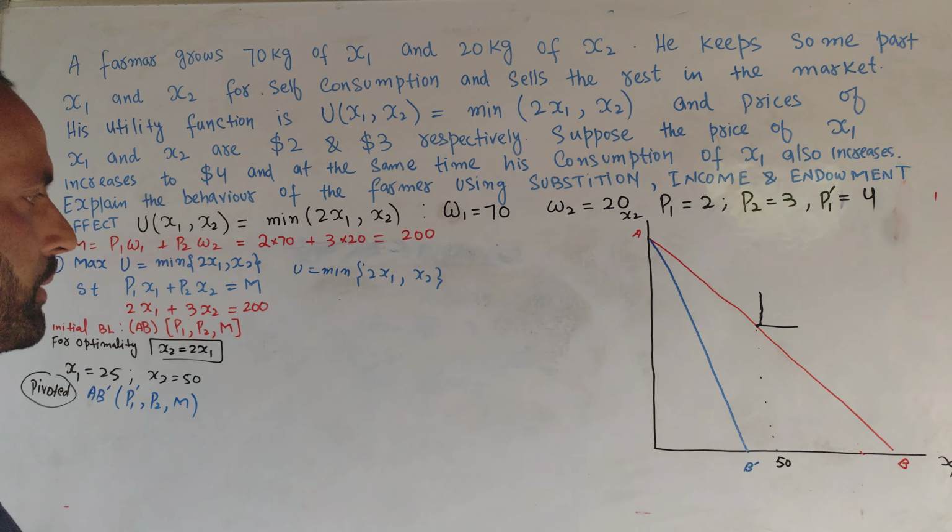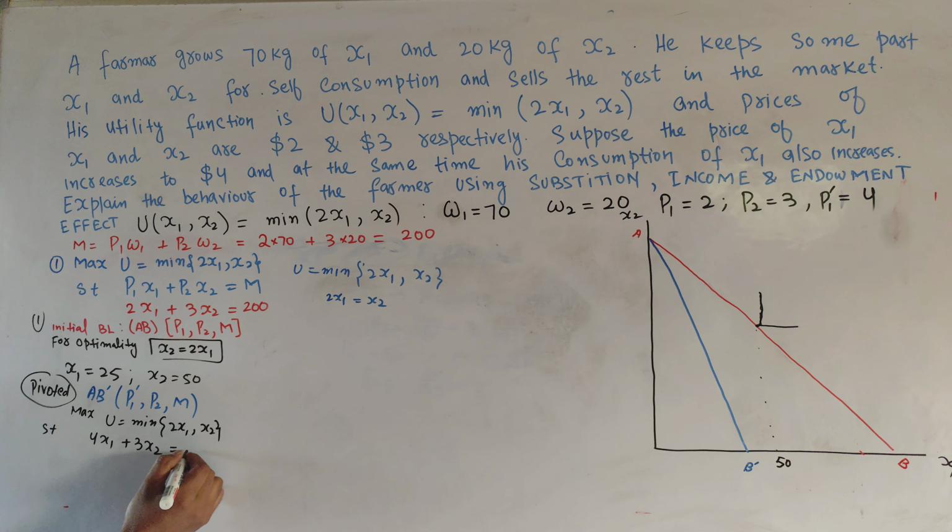Now let us see what our new budget constraint is. Again we have to maximize u is equal to min of 2x1 comma x2 such that, p1 has changed, so in place of 2 we now have 4, so 4x1 plus 3x2 is equal to 200.